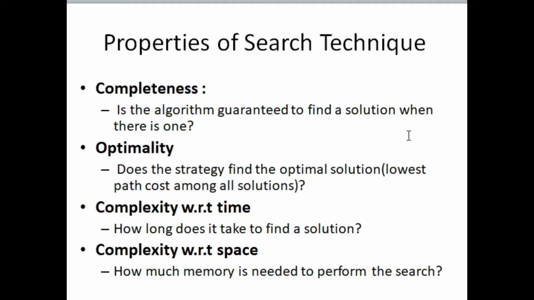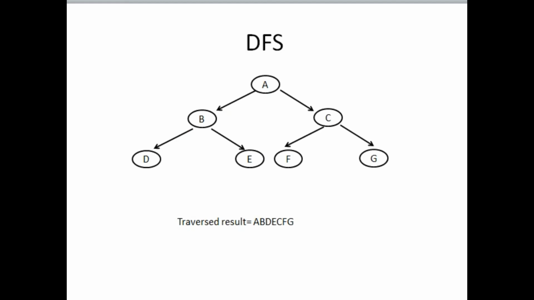Here are some properties of search techniques: completeness, optimality, complexity with respect to time, and complexity with respect to space. In our previous lecture we discussed these properties for BFS. In this lecture we will cover these properties for DFS and IDS.